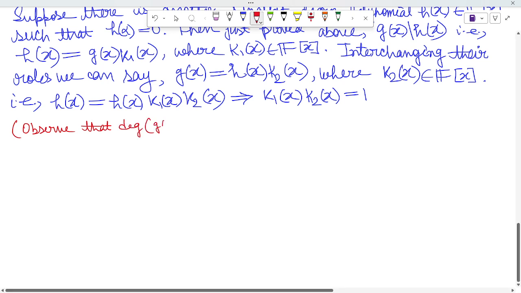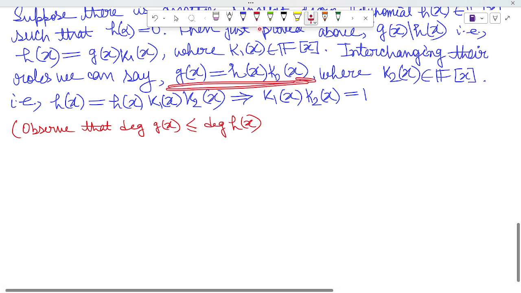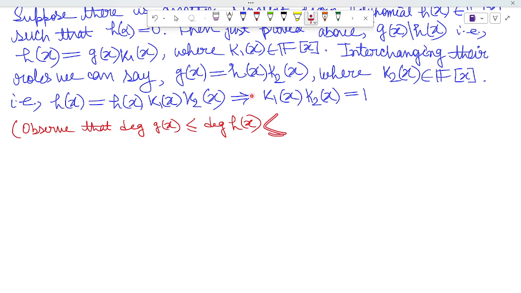And also from this line we get the reverse: degree of h(x) is less than or equal to degree of g(x). That means they are actually equal.